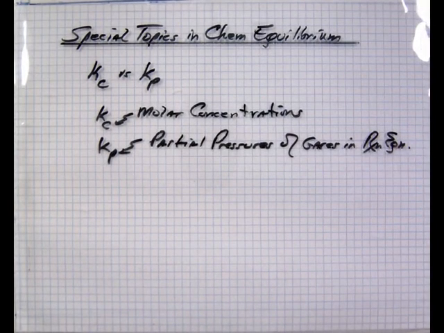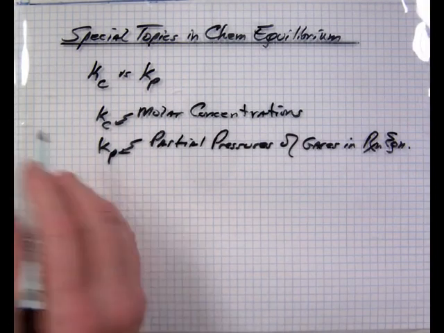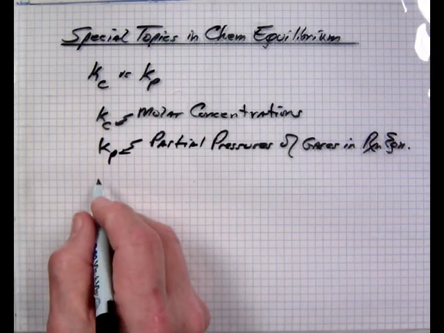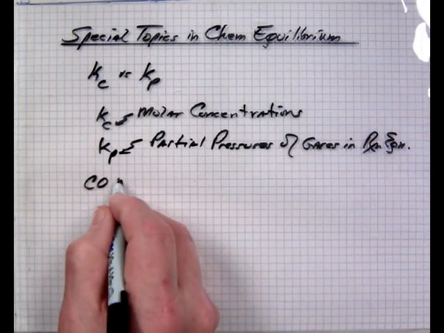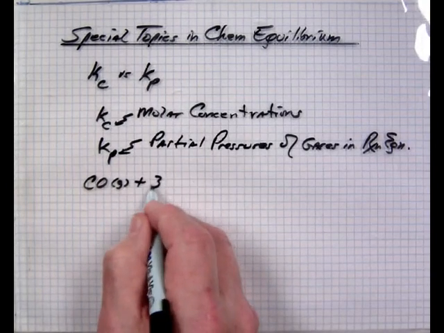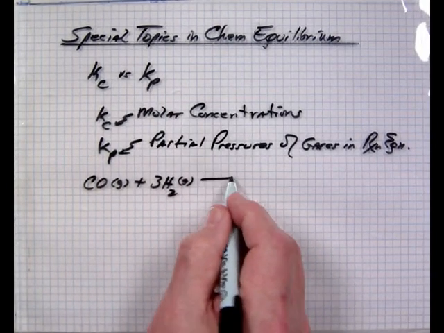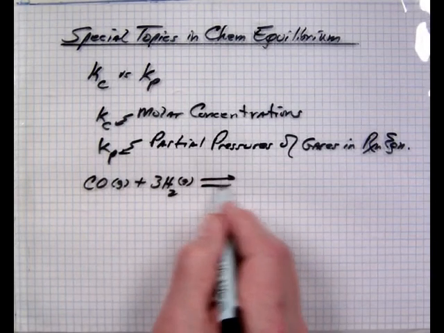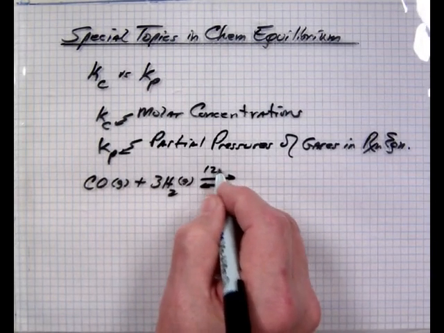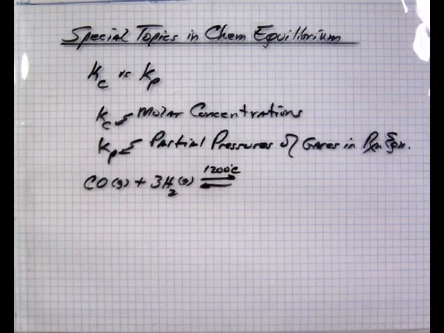Reaction equation. Okay. For example, if we have a reaction, carbon monoxide as a gas reacting with 3 moles of molecular hydrogen, and this reaches equilibrium at 1200 degrees C, very high temperature.